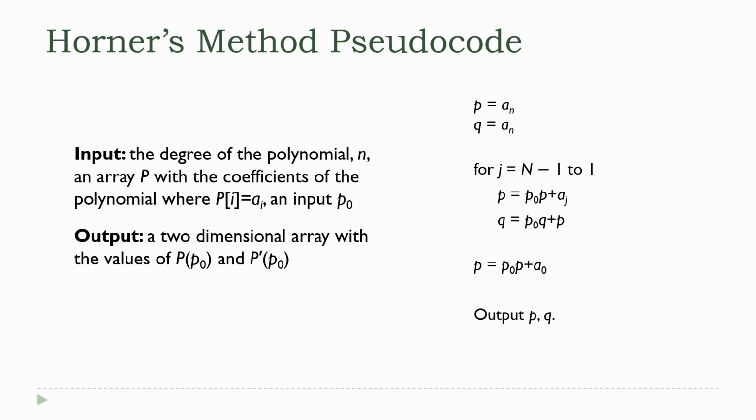So that's actually the second to the last column of the first section, and it's the last column of the second section where we're doing the Q evaluation. So that's why we have this extra line here. Remember there was one extra column for the P of X evaluation. That's what that P equals p sub 0 P plus a0 was doing. And then we output P and Q. And those are our values.